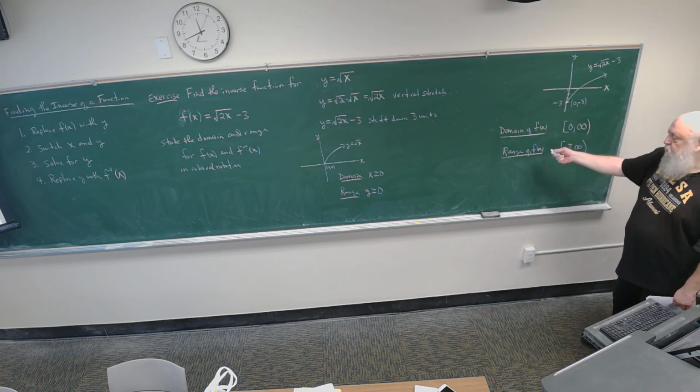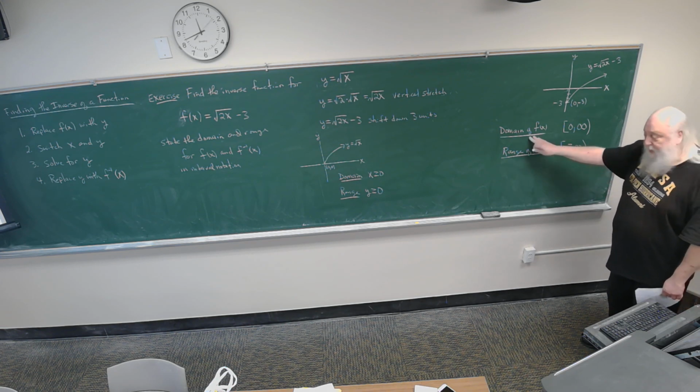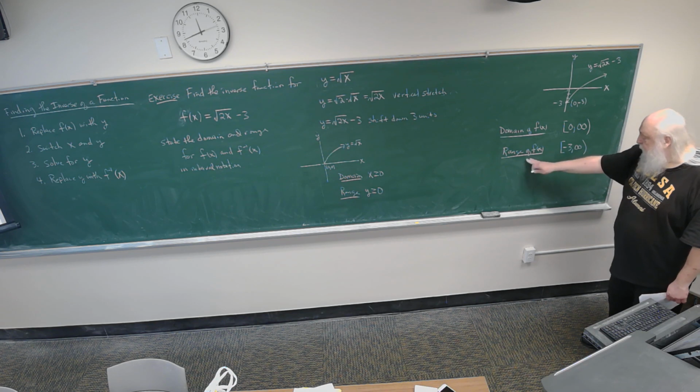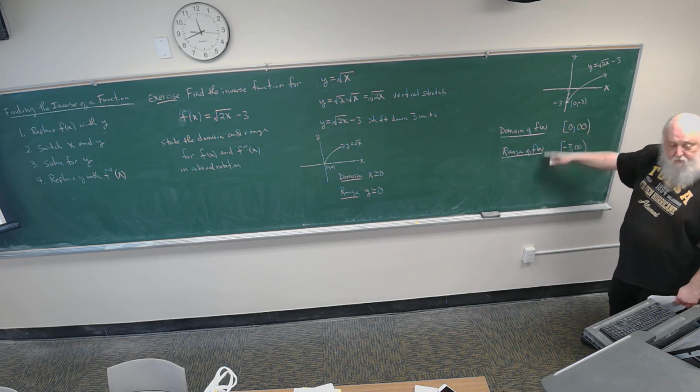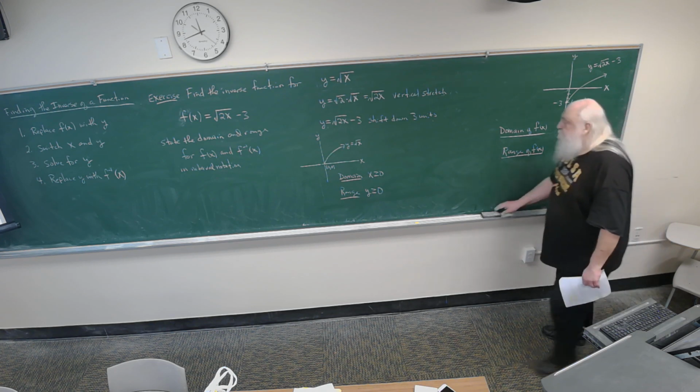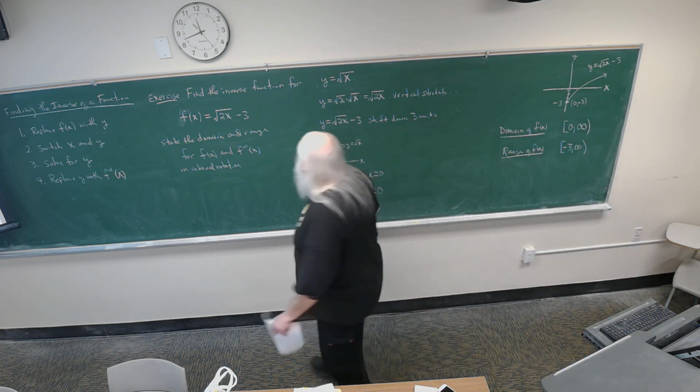We're actually going to use, remember the range of the inverse equals the domain of f of x, right? And the domain of f inverse is the range of f of x. We're going to use that relationship with the inverse function, stating its domain and range. Okay? All right.